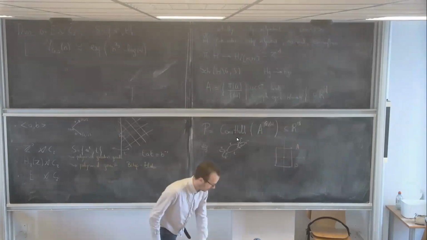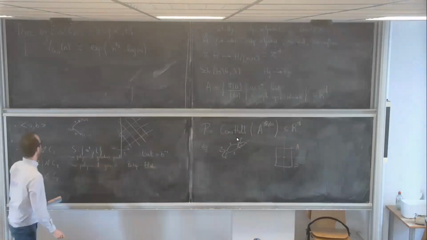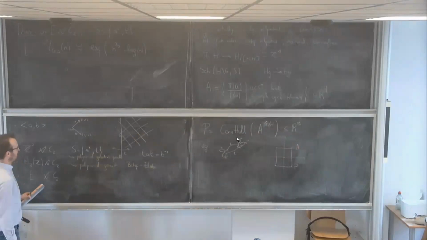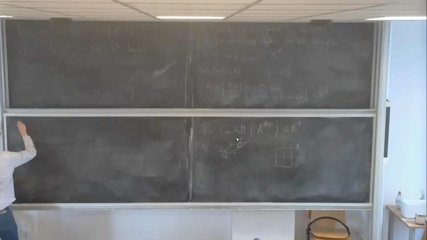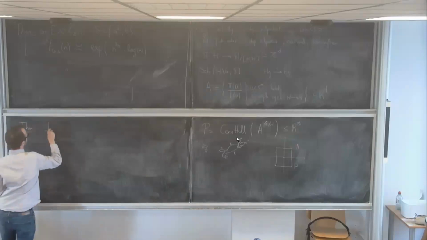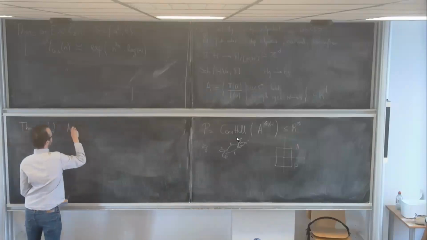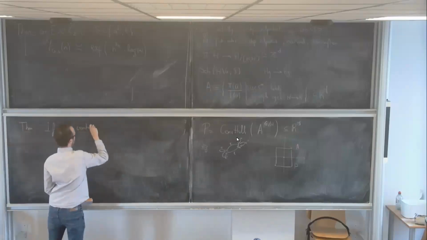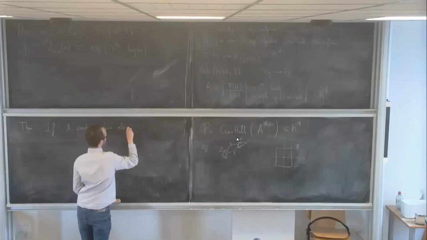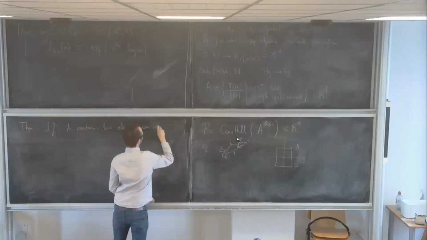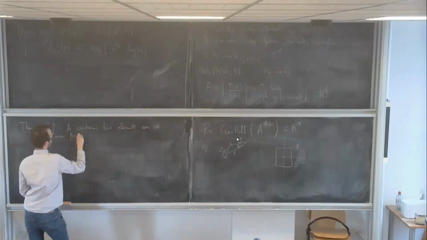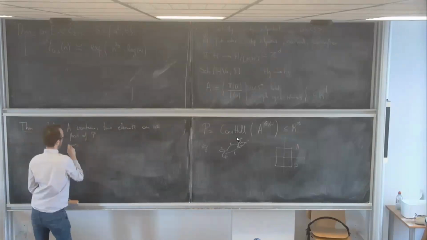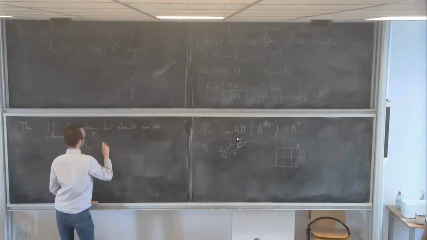And the theorem is the following, and I'm going fast, so you won't get the answer exactly. The theorem is: if A contains two elements on a common facet of E, then the growth is neutral.